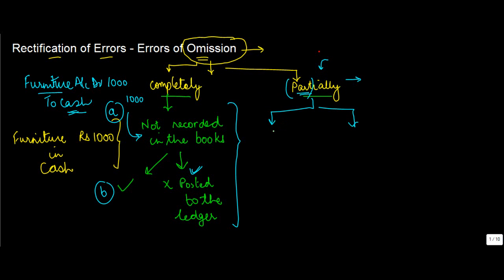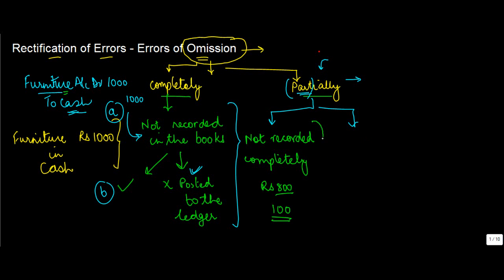Let's say, in the same example, furniture account debit to cash, you either do not record it completely, right? So let's say you record furniture to cash by rupees 800 instead of 1,000.